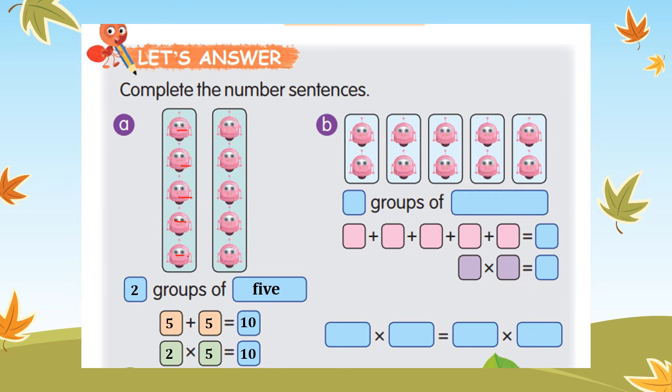Okay. Now look at question B. Can you tell me how many groups? Yes, we have 5 groups. 5 groups of how many objects in one group? Berapa objek satu kumpulan? Yes, we have only 2 objects. So 5 groups of 2.